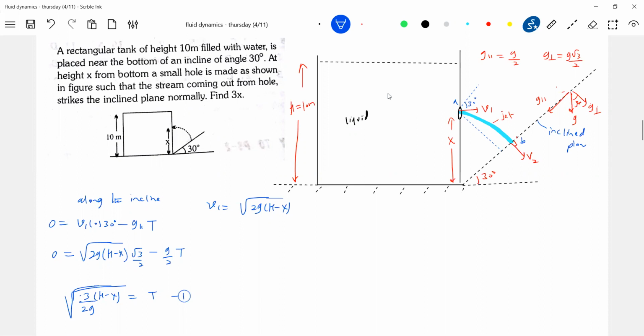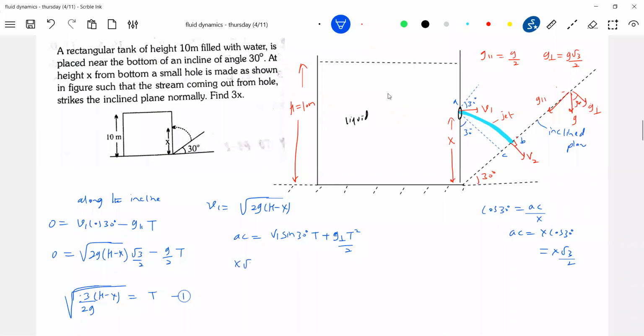Okay, I'll go for the next, the distance AC. AC will become like a range. So what should AC be equal to? AC should be equal to V1 sin 30 T plus G perpendicular T square by 2. We don't know AC. We can bring AC from the triangle: cos 30 equals AC by X. So AC is X cos 30, so X root 3 by 2.